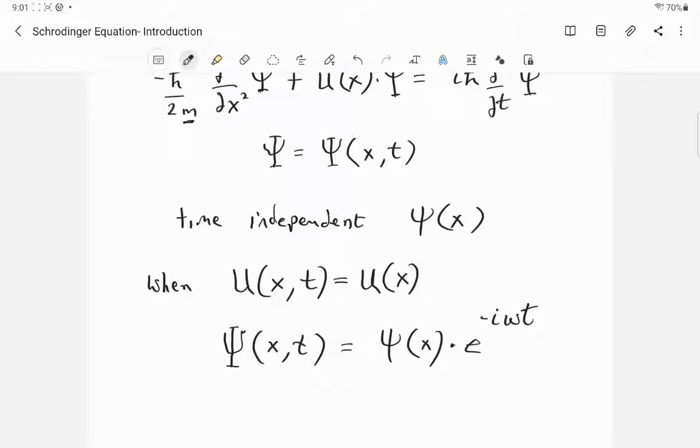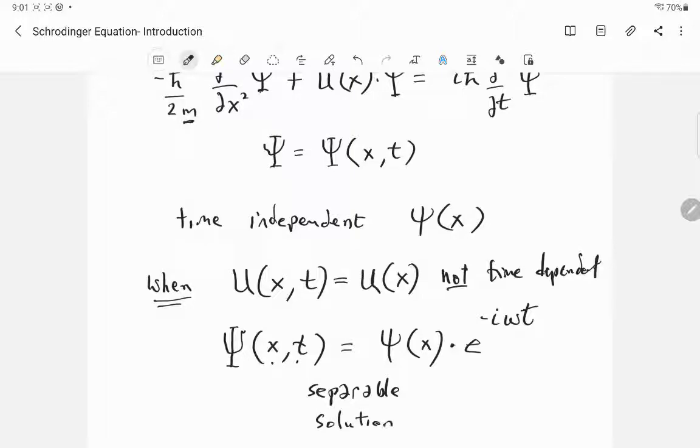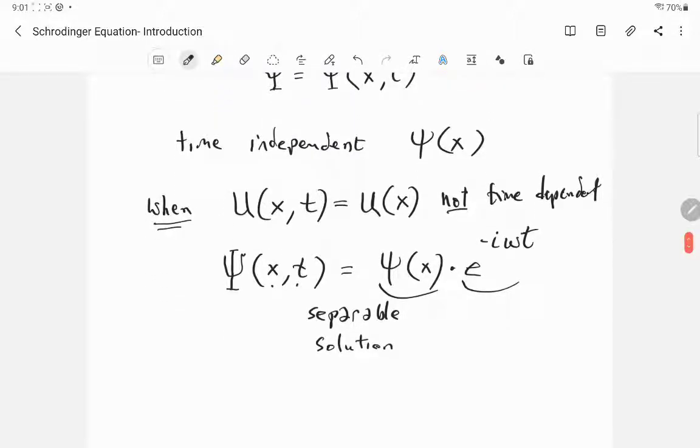So only in the cases when the potential energy is not time dependent, whenever that's true, the wave function, which is the space and time wave function, is so-called separable. So a separable solution. I've got a space part separated from a time part, like this.